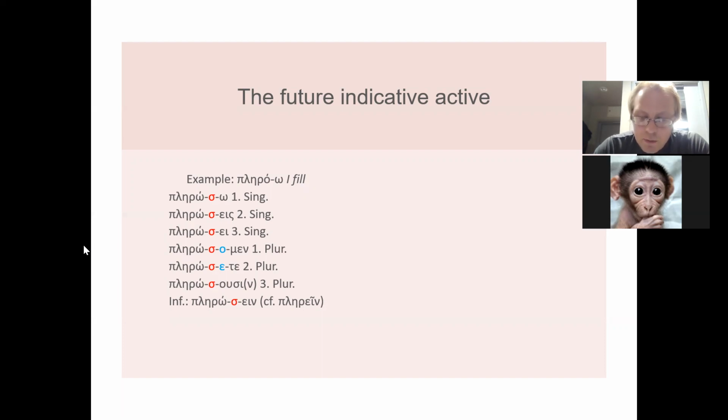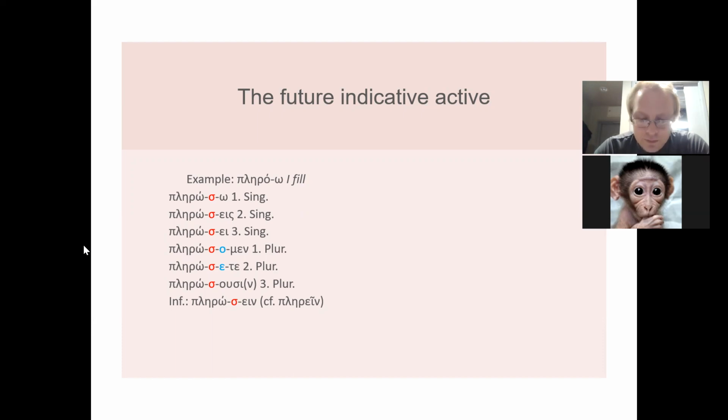Only the sigma infix between the stem and the thematic vowel allows us to conclude that the tense is in fact future. Moreover, the future active infinitive has the same ending as its present active counterpart, plerosein or plerosein.